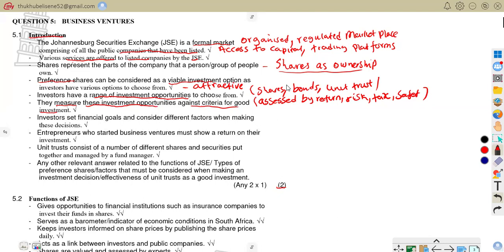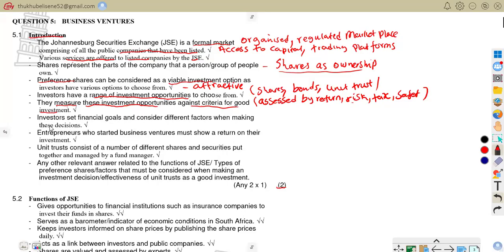It simply says the investments are assessed by the return that they're going to give, the risk, also tax and the safety of the investment. Hope we are together on that.